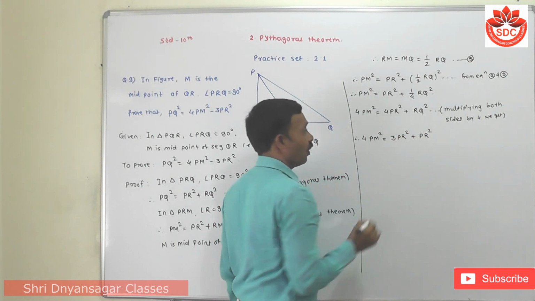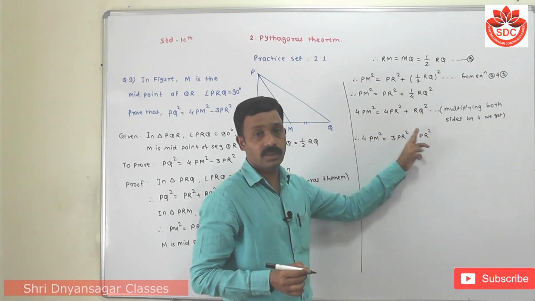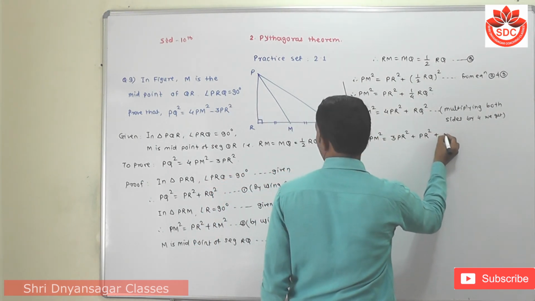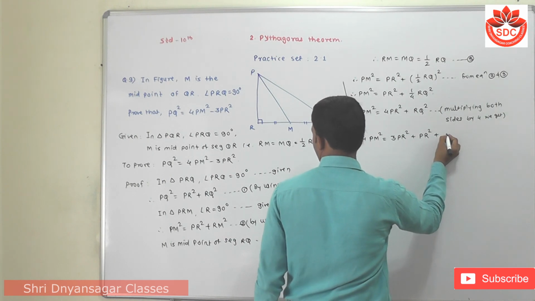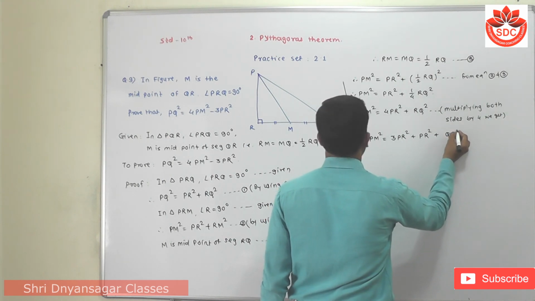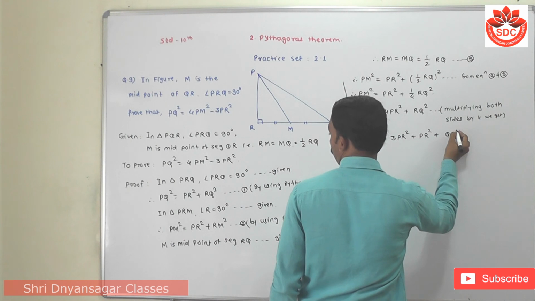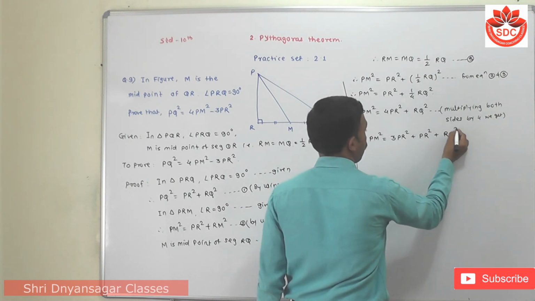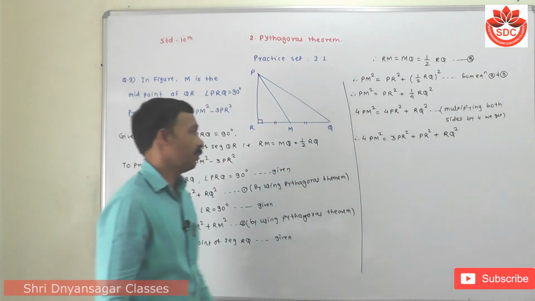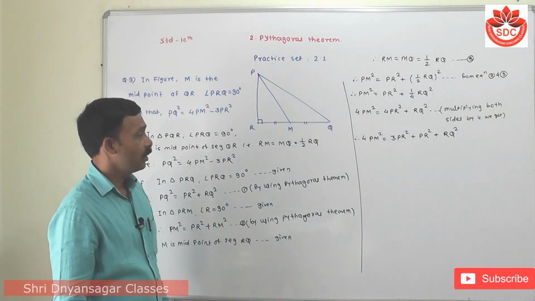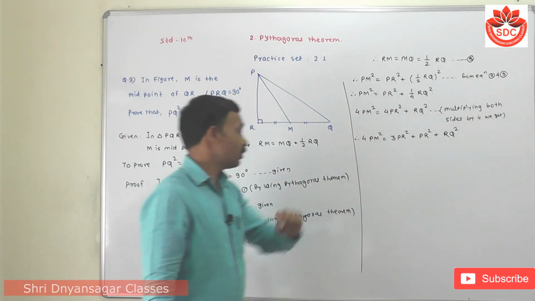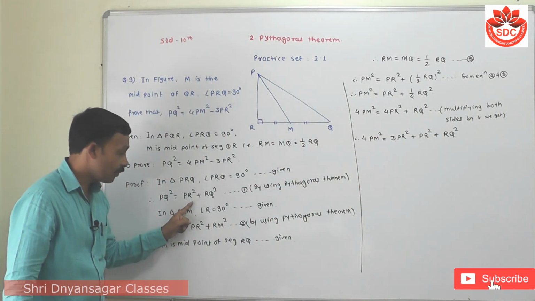Can you understand how to write this 4 PR? 3 plus 1 becomes how much? 4. Plus this RQ square, we write as it is, RQ square. Okay, then we substitute the value of PR square plus RQ square from equation number first.